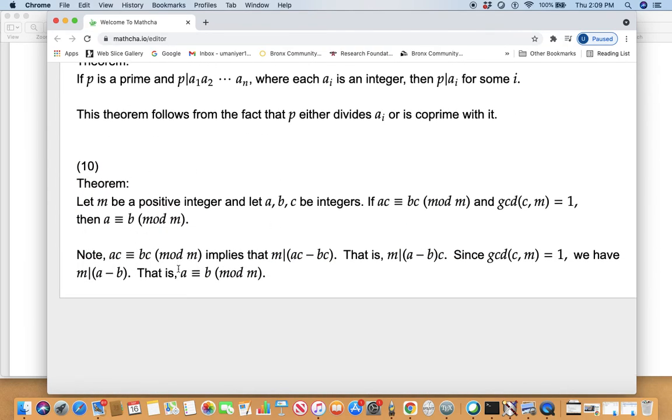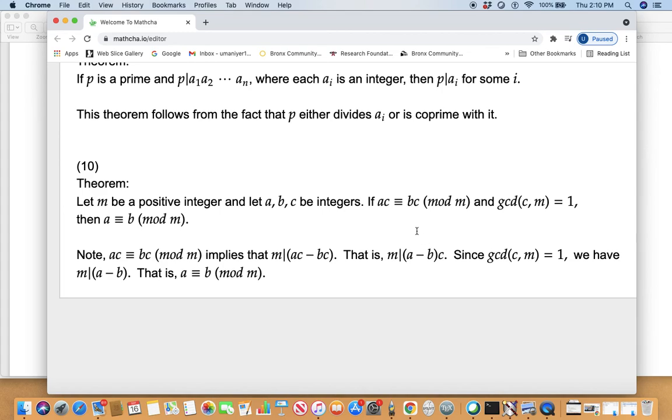Here is the last theorem. Let m be a positive integer, and a, b, c be integers. If ac is equivalent to bc modulo m, and if the GCD of c and m is 1, then a is equivalent to b modulo m. What does equivalence mean? ac equivalent to bc mod m means m has to divide ac minus bc, the difference. ac minus bc is nothing but a minus b times c.